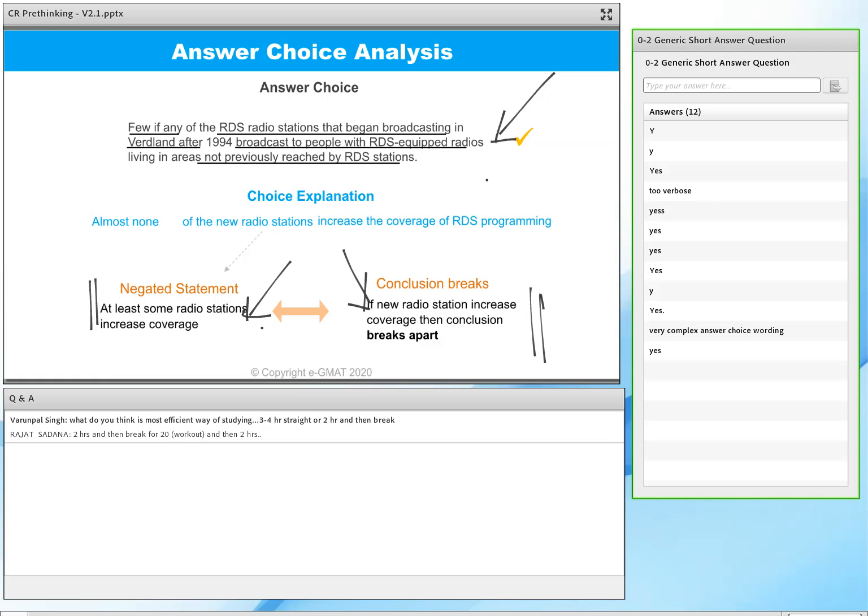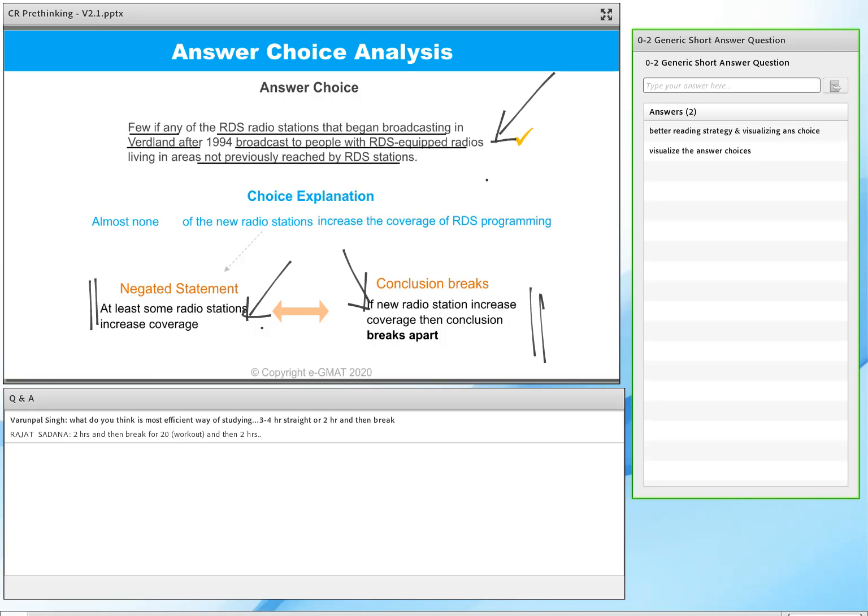If you find that you're not simplifying the answer choice, what should you be doing? You should be learning how to simplify answer choices, or spending time to simplify answer choices, because it's not the logic that's faltering you, it's not the process. And once you do that, voila, you have the correct answer always.